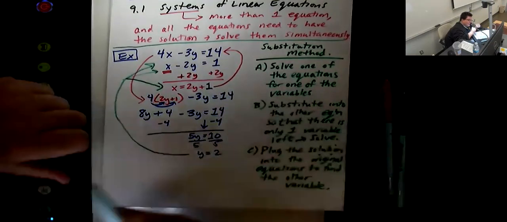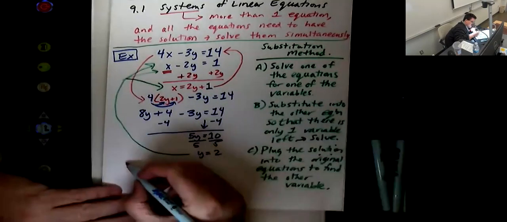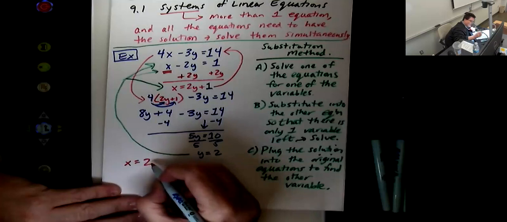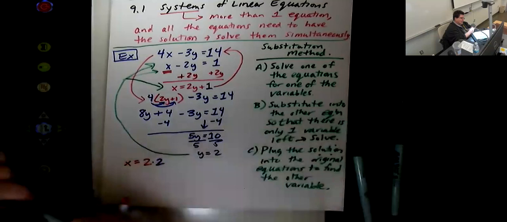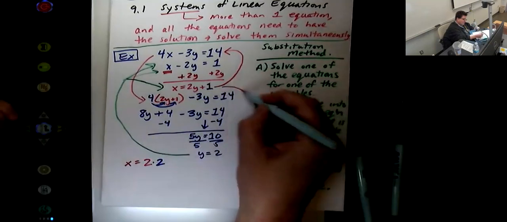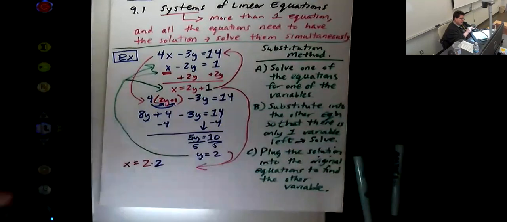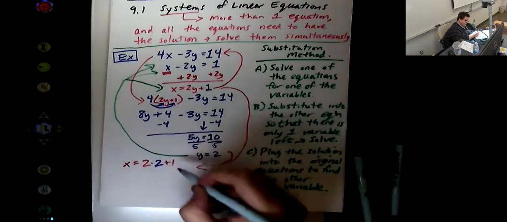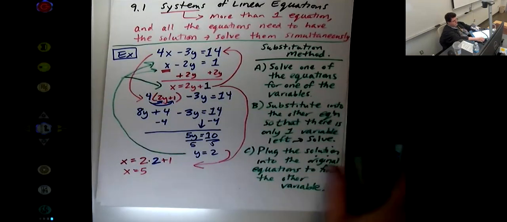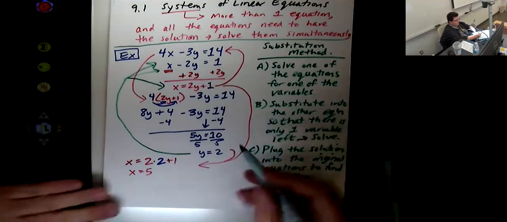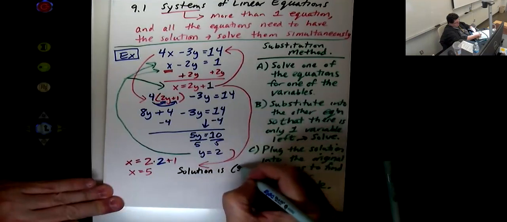I'm going to plug in that 2 for y. So we're putting these two together right here, and I get x equals 5. So the solution is an ordered pair, 5, 2.